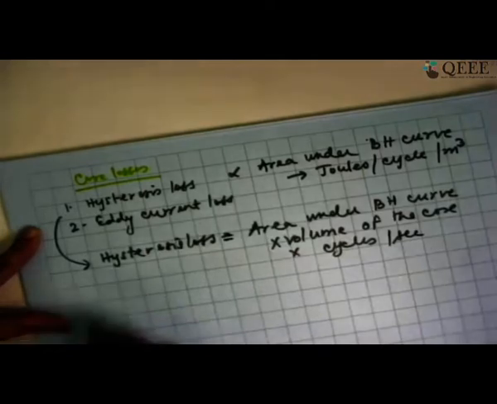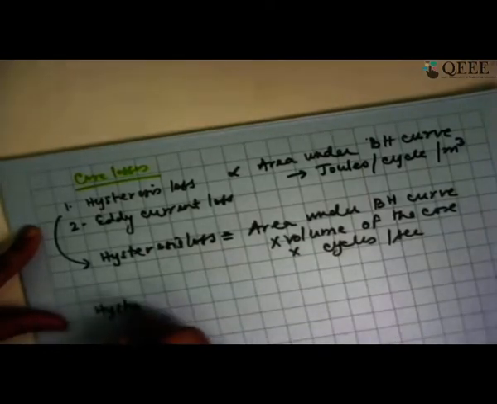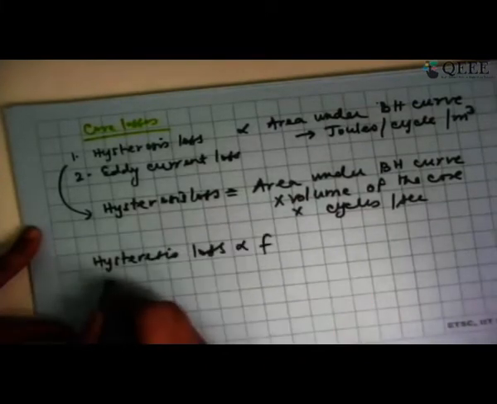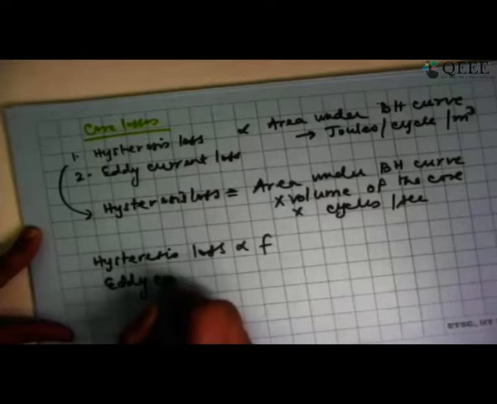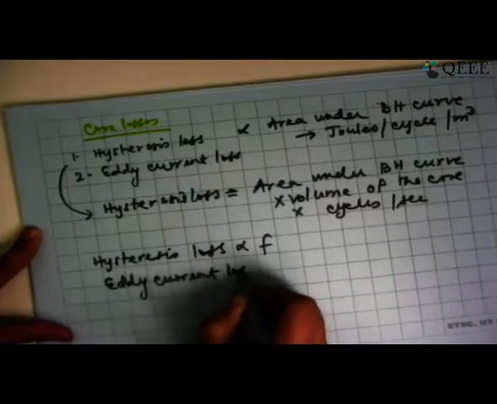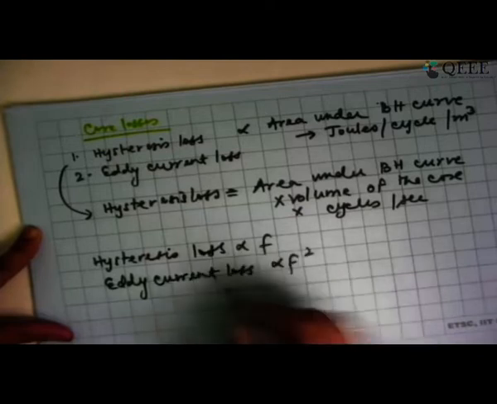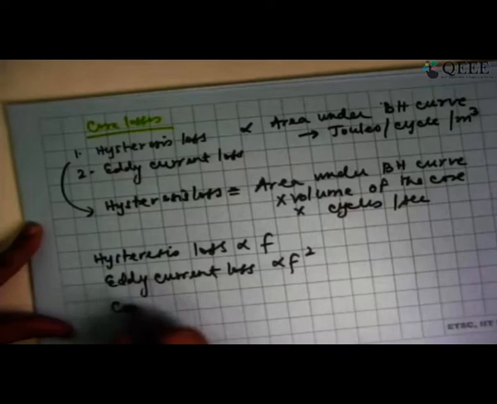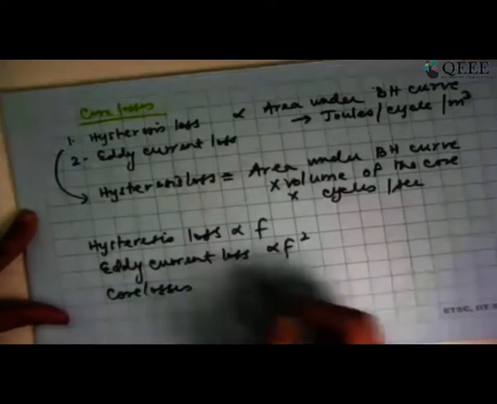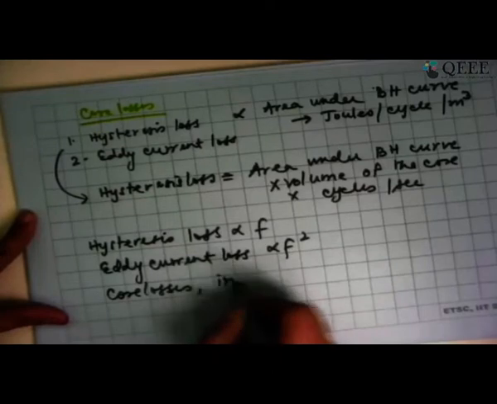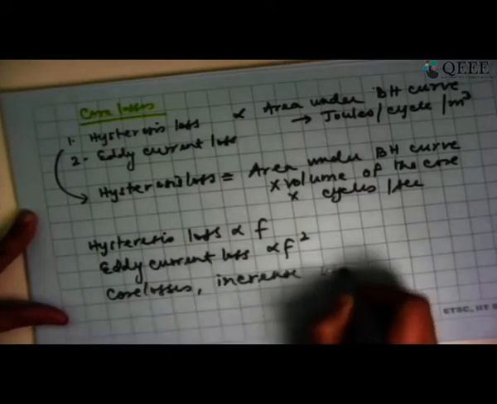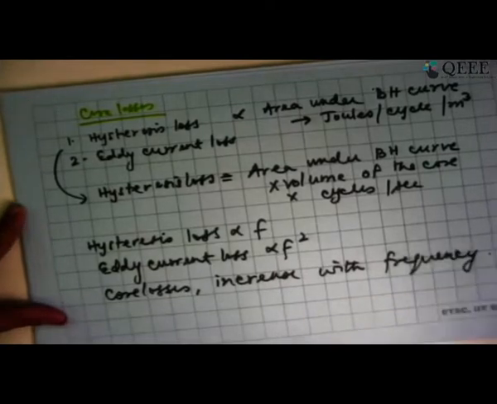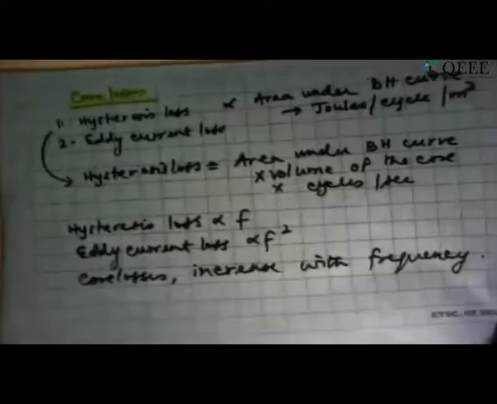That is why we ultimately said hysteresis loss is proportional to frequency, whereas eddy current loss is proportional to frequency square. So if we increase the frequency, both these losses are going to increase. Core losses in general increase with frequency. If frequency is increased, core losses are going to increase correspondingly. So much for core losses.